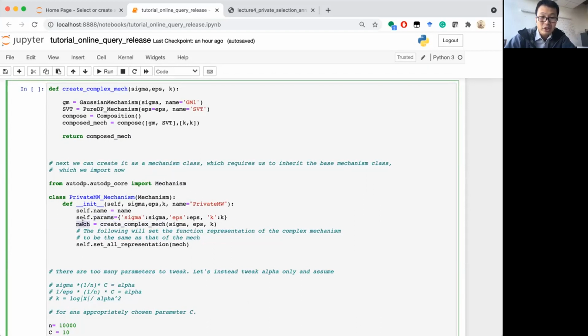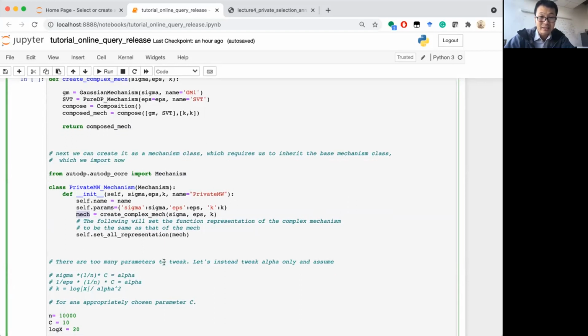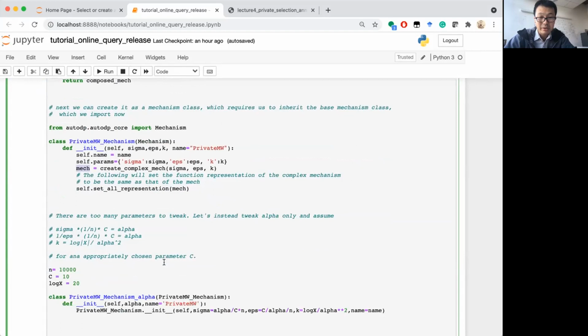Once you finish that, you set all the representations of the current private multiplicative weight mechanism definition using this mechanism object created on the fly, right? And then this becomes a legitimate mechanism class definition, and later we can instantiate it using the calibrator to choose the parameters accordingly.